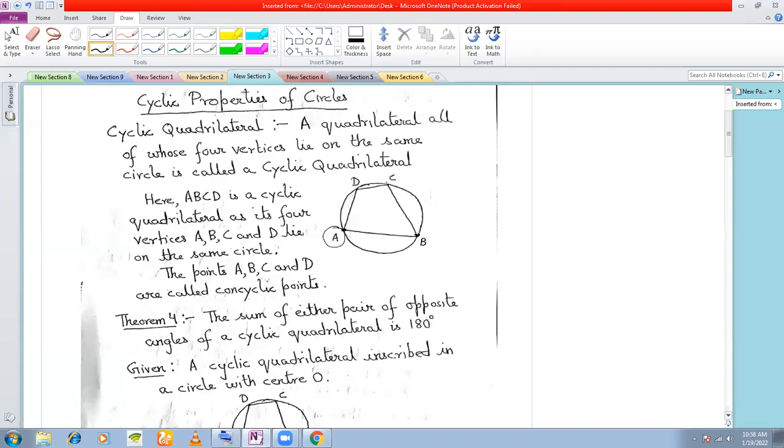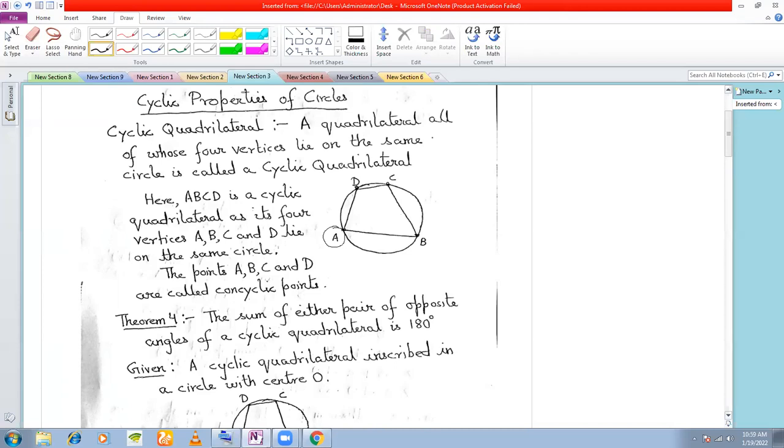They are all on the circle, A, B, C, and D. Therefore, the definition of a cyclic quadrilateral is that any quadrilateral whose vertices lie on the circle is called a cyclic quadrilateral. So in this figure, ABCD is a cyclic quadrilateral.